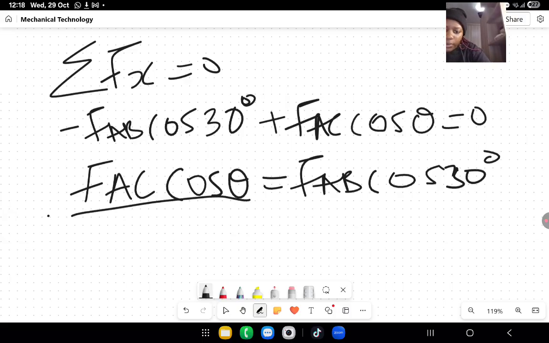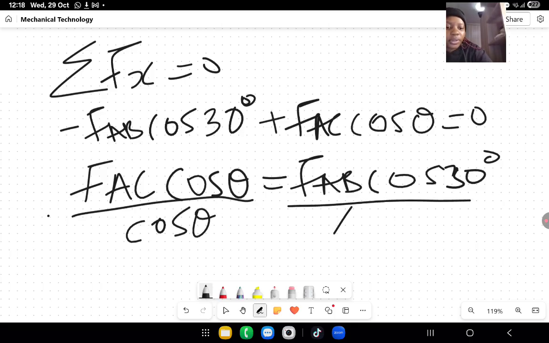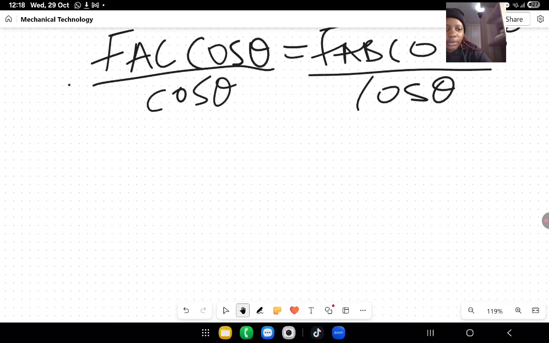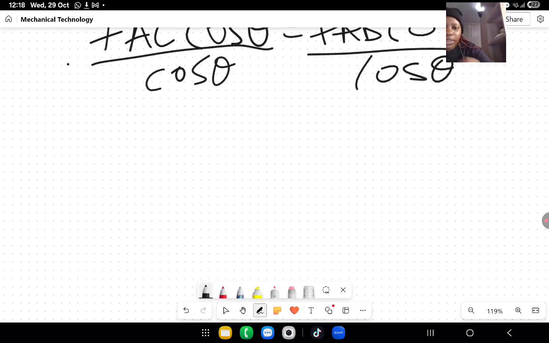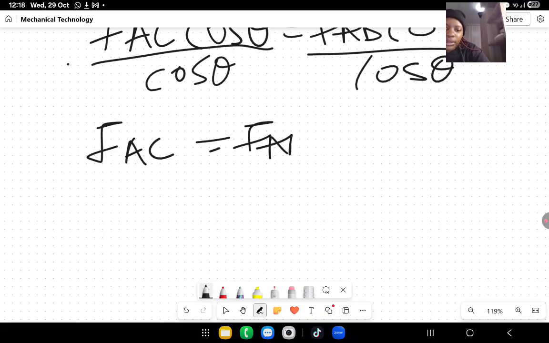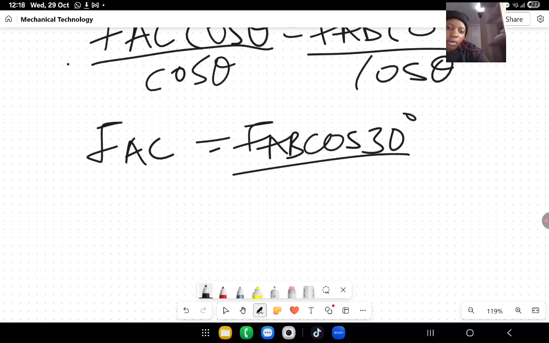And then we divide both sides by cos theta, so that FAC can be the subject of the formula. So we will remain with FAC equals FAB cos 30 over cos theta.